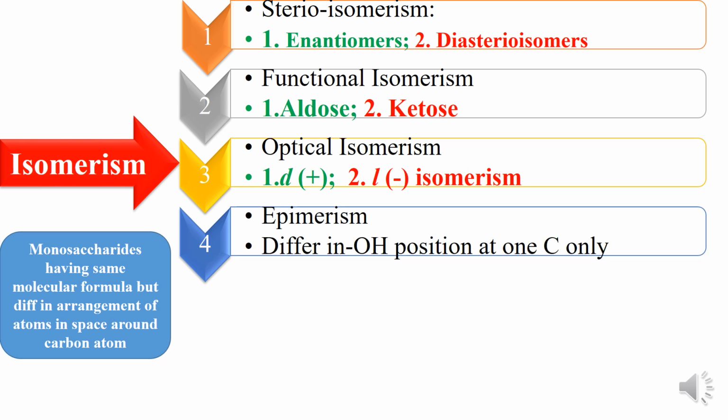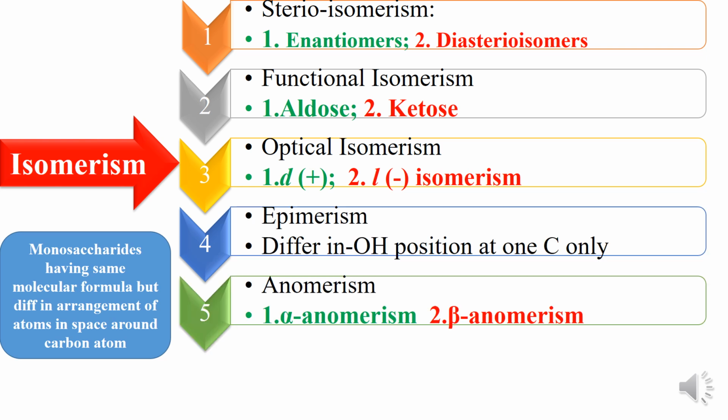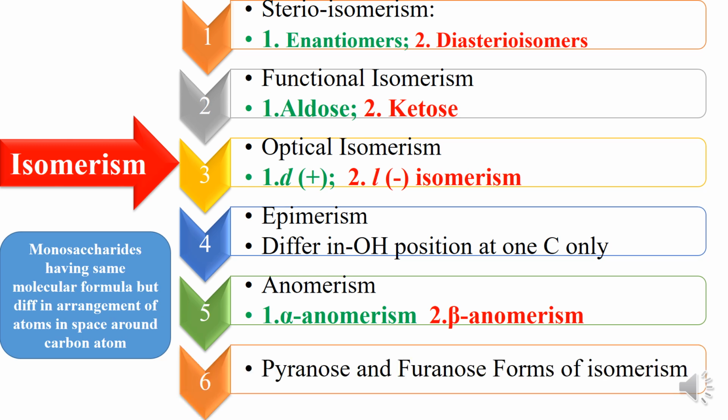The fourth type is epimerism. The fifth type is anomerism, which is again of two types, alpha anomerism and beta anomerism. And the sixth type shown by monosaccharides is the pyranose and furanose forms of isomerism.